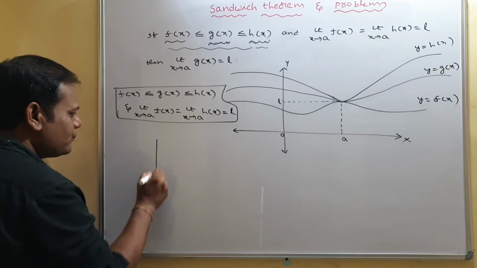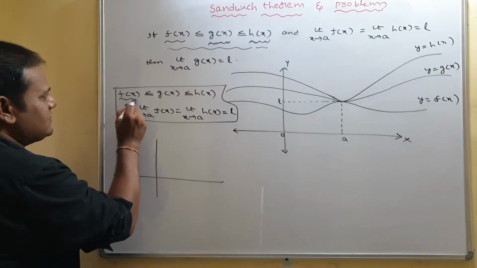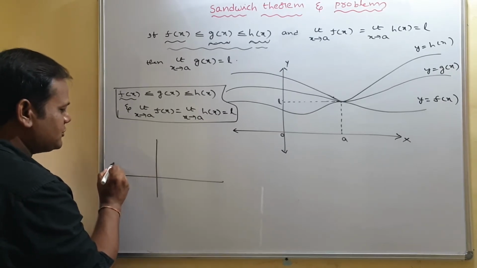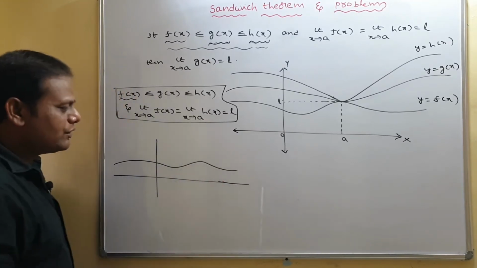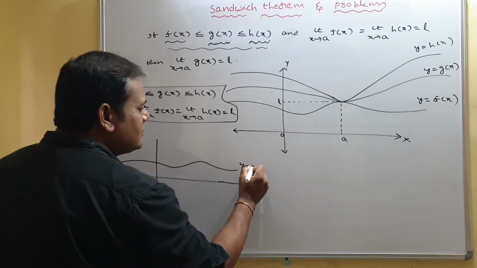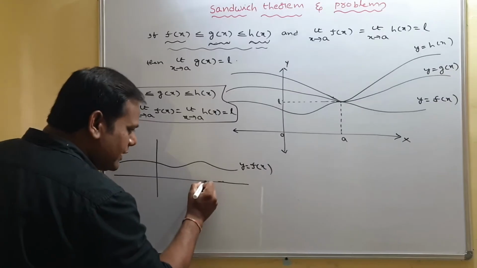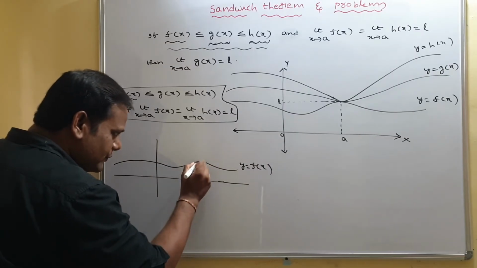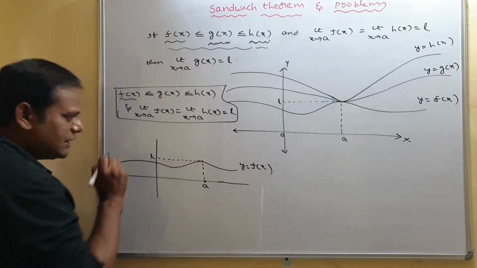Listen carefully. Suppose I am taking the f of x graph first, maybe like this. It is the graph of y equal to f of x, and I am taking this point as a. At a, the functional value is suppose m.